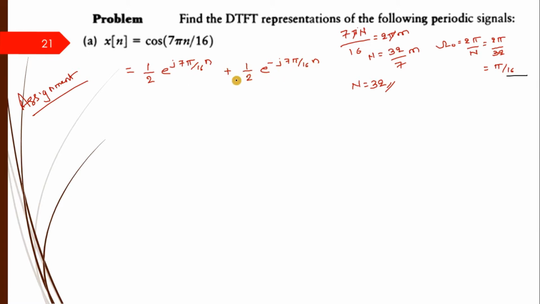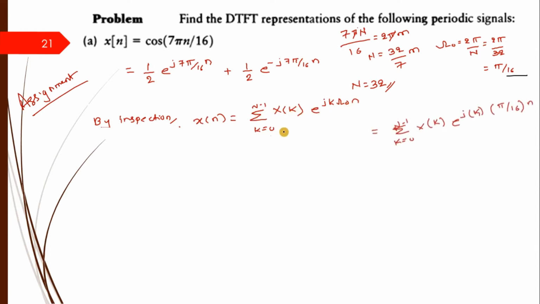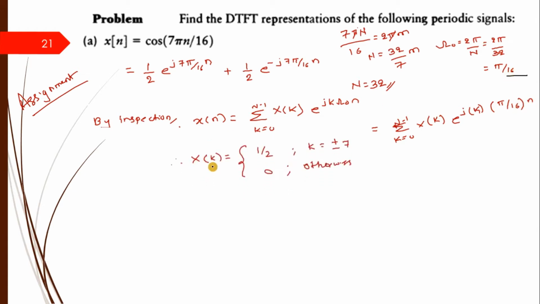Why we use this is to find the solution by the inspection method. By inspection, I'll write the standard definition here: x of n is equal to summation x of k e raised to j k omega naught n. For simplicity, e raised to j k into the bracket pi by 16, because omega naught we have found to be pi by 16, into n.